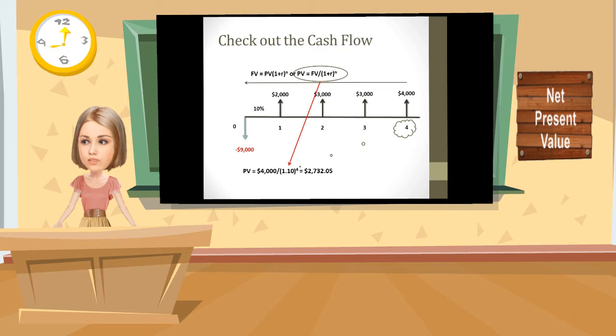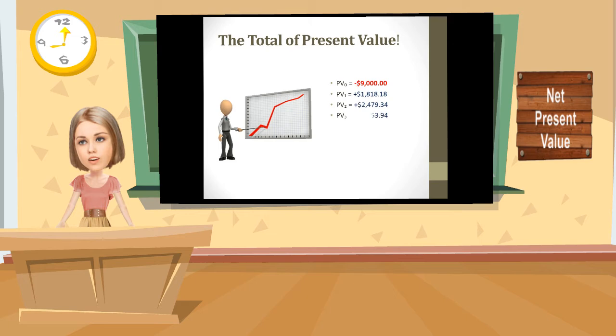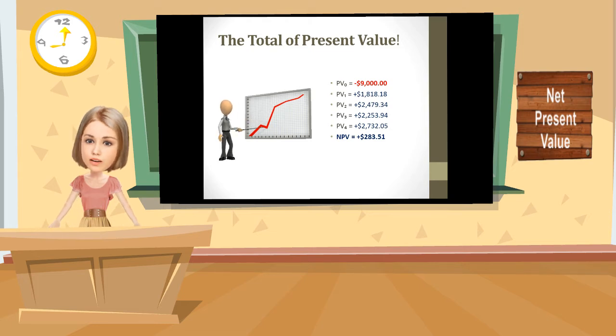So what is our next step? We will need to add up all the present values and determine the NPV, which totals $283.51. Let me explain what our end results show. First, we have demonstrated a positive NPV, which means that the present value of all cash inflows exceeds the present value of cash outflows.